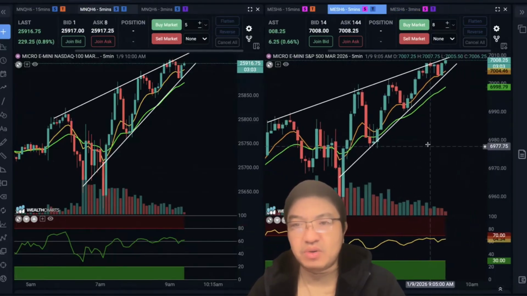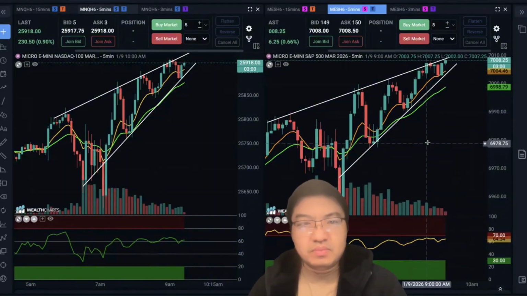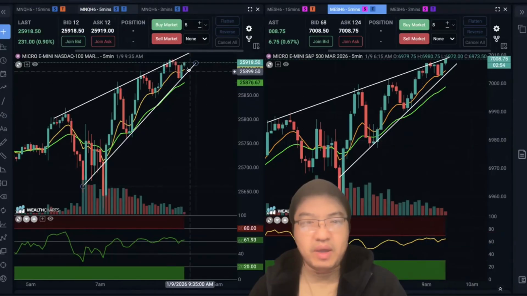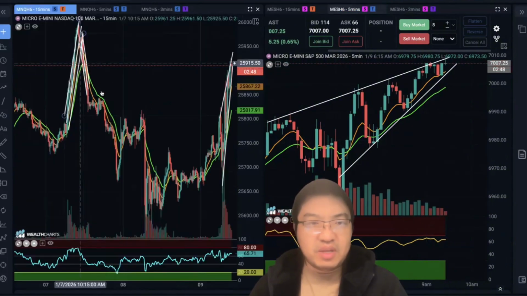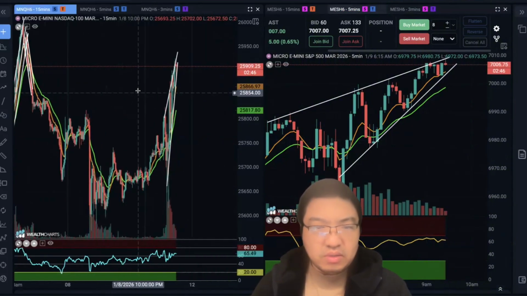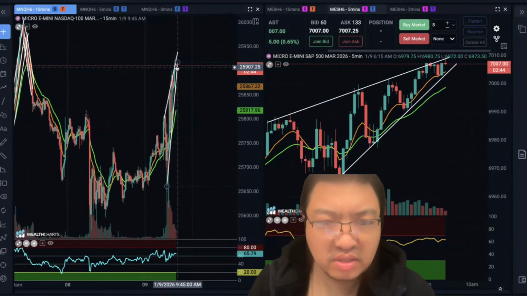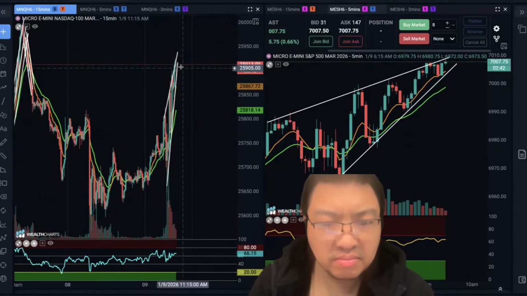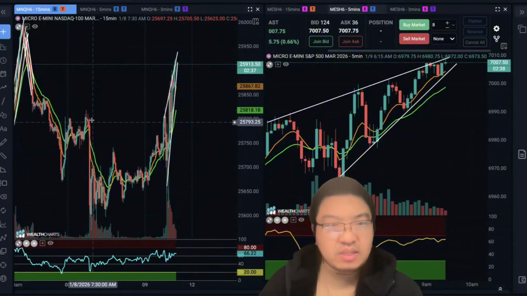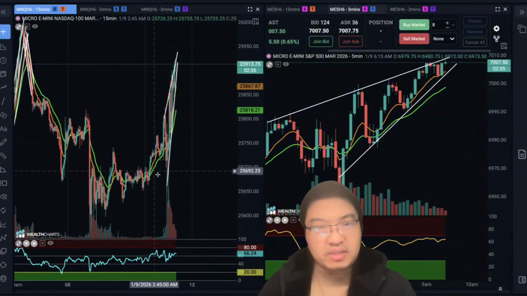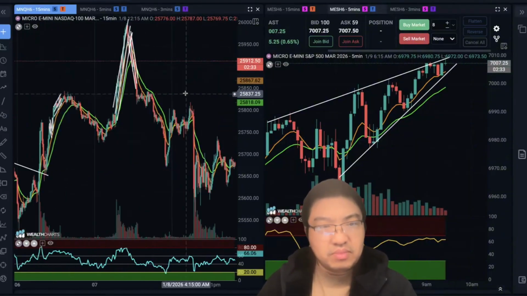The 5 minute is trying to go up. We'll wait until the NQ reaches the top and wait for the engulfing. Let's see the 15 minutes. Oh, for 15 minutes, it keeps going up, keeps going up. Like last day, it just sharply dropped, went sideways, and kept going up.